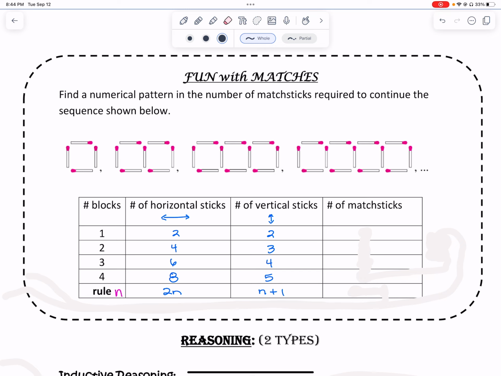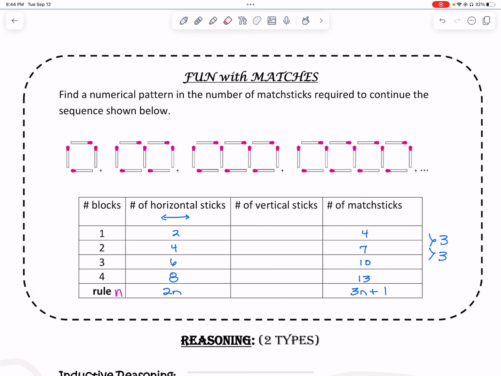All right. So now I'm not going to look at these guys. I was going to do the total number of matchsticks. So I can count all these. So I've got 4 there.